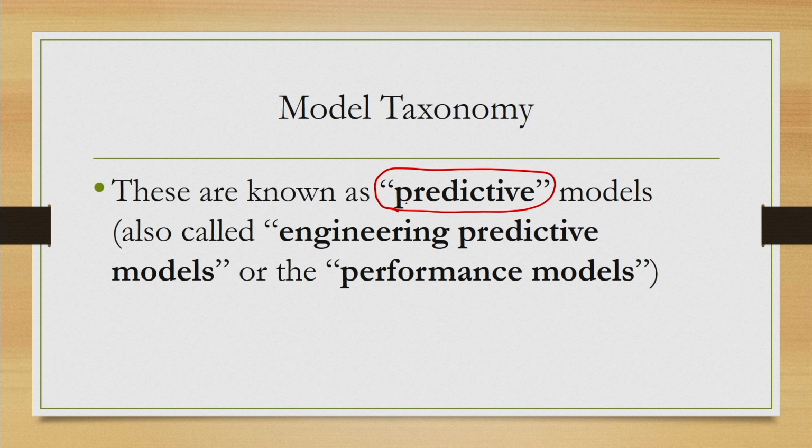Now, there are many other names by which they are known. Most popular ones are engineering predictive models or the performance models. So, predictive, engineering predictive models or the performance models are three of the most popular terms used to denote this class of models.